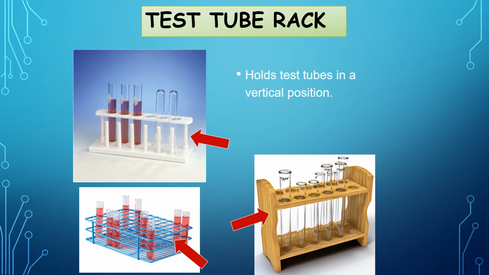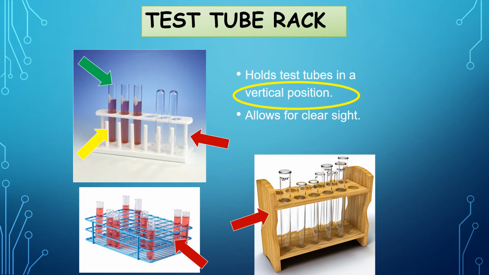It will hold test tube in a vertical position. So look at this one. Vertical position, it's this. So the open end is facing upward, and then allows for clear sight. Okay, so if you're going to use a test tube rack, you can easily observe the chemicals.